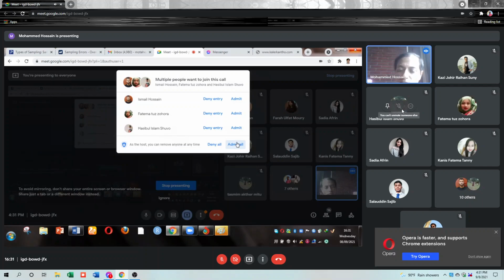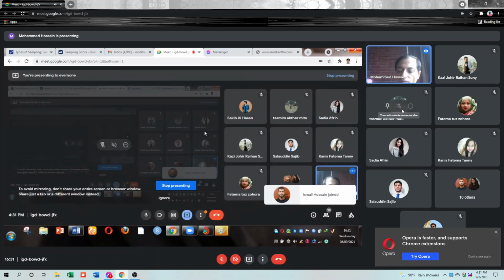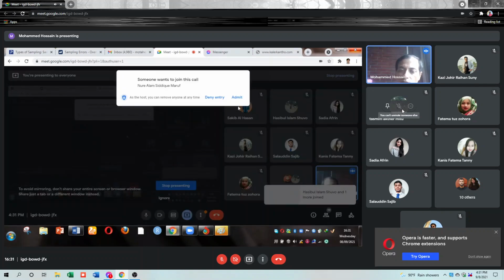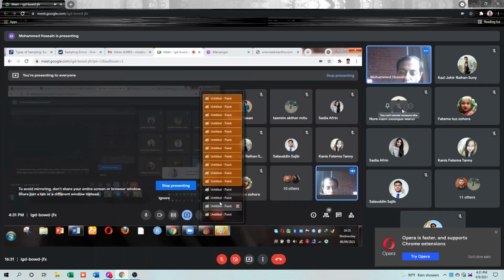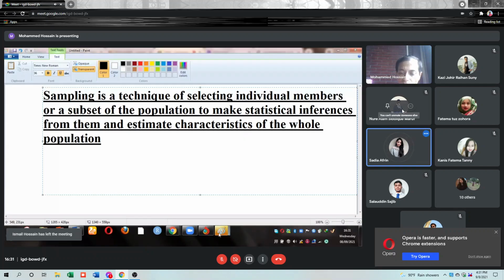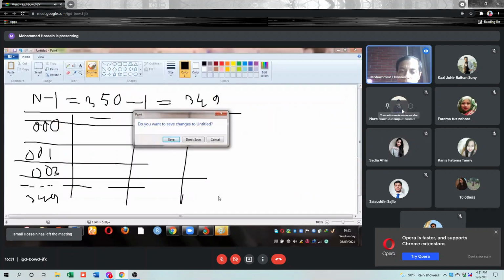The formula of sample size: n equal to Z square PQ divided by E square. So I am writing again.